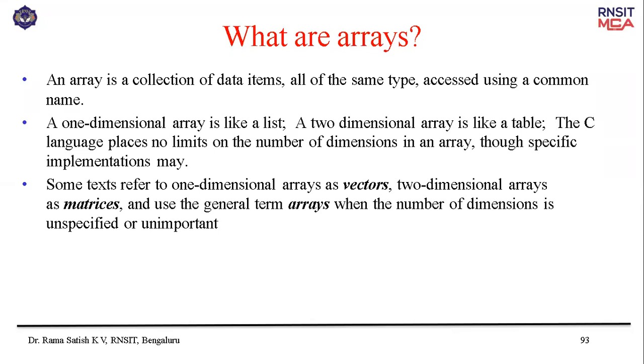There is no limitation. In C, one-dimensional arrays are also called vectors, and two-dimensional arrays are also called matrices. That is one important thing you should understand.